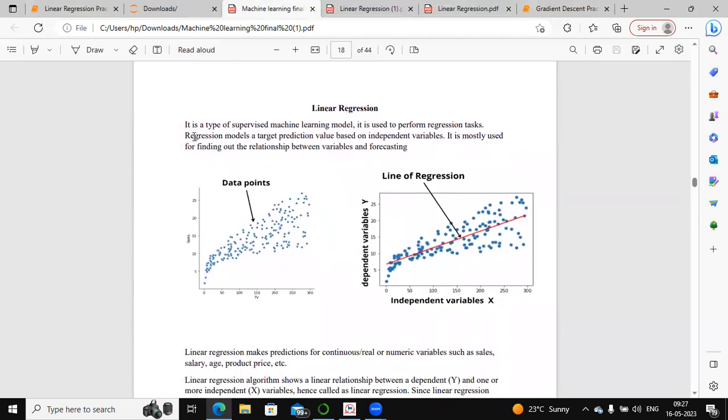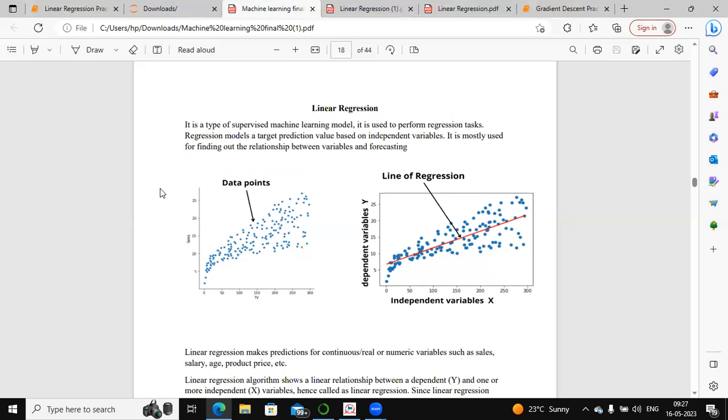Linear regression is a type of supervised machine learning model. It is used to perform regression tasks. Regression models a target prediction value based on independent variables. It is mostly used for finding out the relationship between variables and forecasting. So linear regression is nothing but finding the dependent variable's regression line.